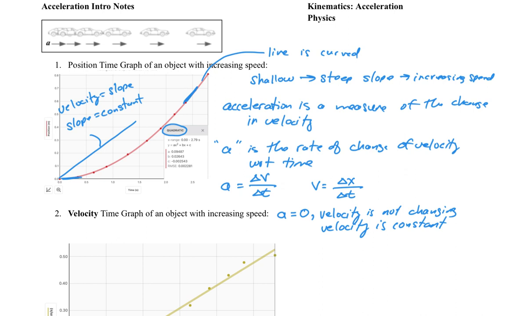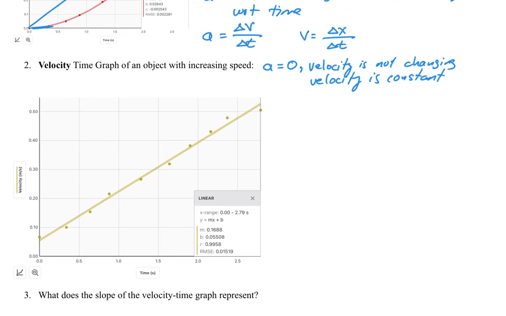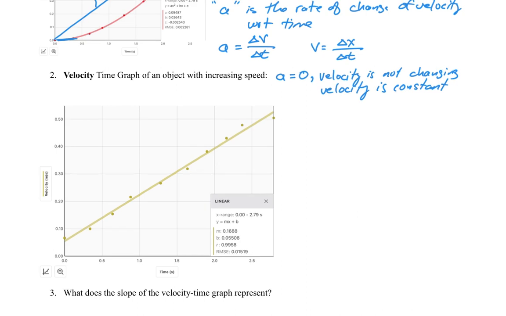So now we can go ahead and look at a velocity graph. I've got a velocity graph here, and let's see what that looks like. Now, this is pretty different than what we've seen in the past. In the past, what we've seen for velocity graphs is always a horizontal line. That horizontal line has a slope that's equal to 0.